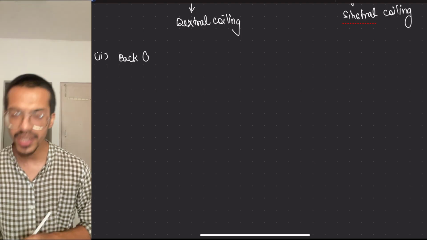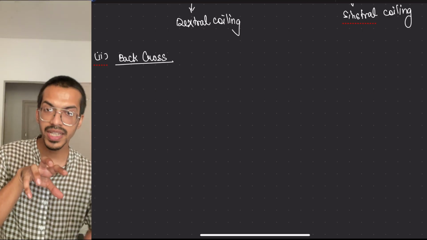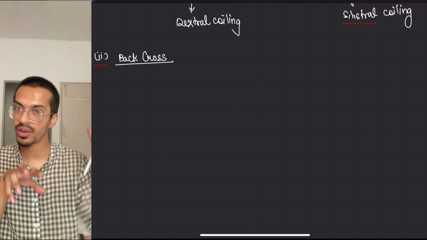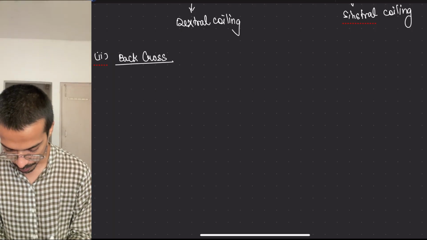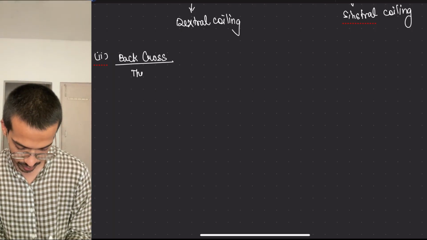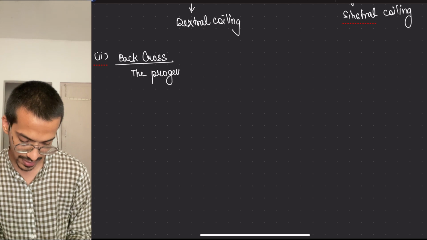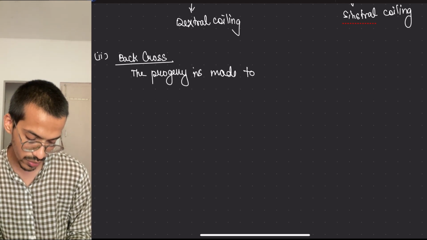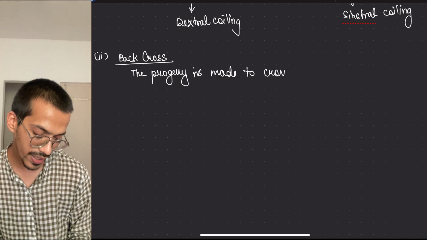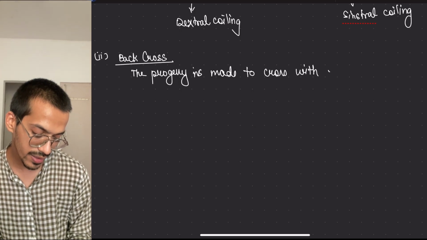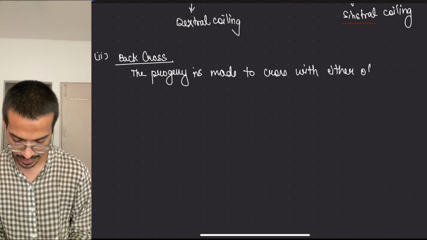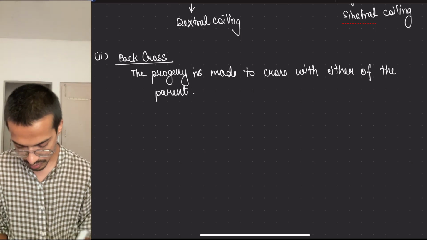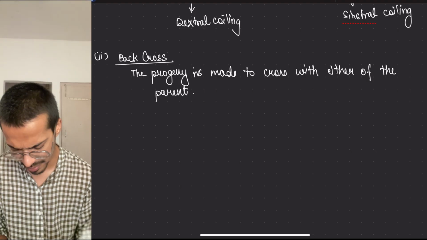Back cross means that whatever progeny comes, it goes back and mates, or the cross is made between the progeny and one of the parents. The progeny is made to cross with either of the parents. That is called what? Back cross. For example, I am writing it over here.